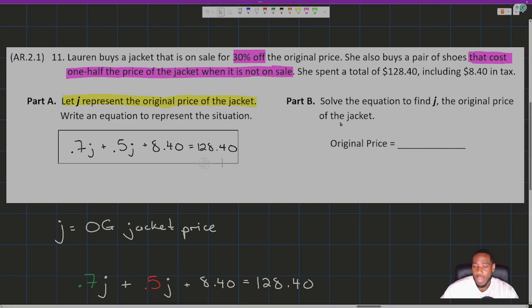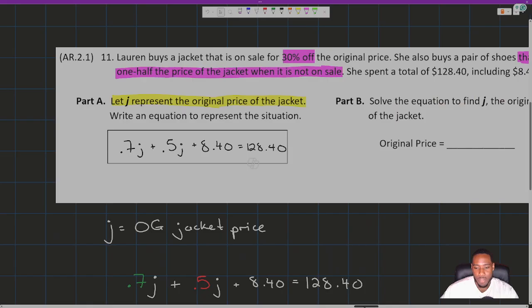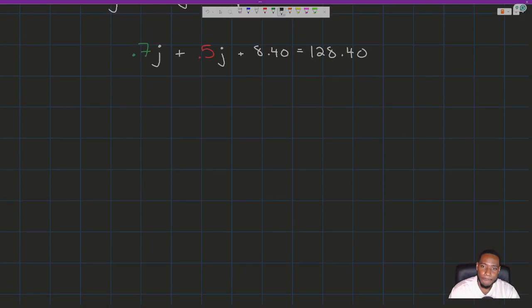Okay? Now for part B, it asks us to solve the equation to find J, the original price of the jacket. So we're going to take our equation, we're going to do some solving. First thing that makes sense to me here, we can add 0.7 and 0.5, and that should get us 1.2.